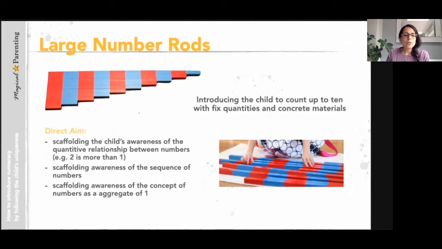And it also scaffolds awareness of the concept of numbers as an aggregate of 1. So when you move this little piece of rod and put it here, by adding the 1 to each line, you will reach the same quantity as the next one. So it gives the idea of this kind of aggregation of 1.